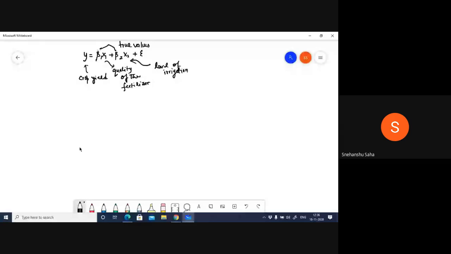So what we do is record some values of y corresponding to some values of x1 and x2, figure out the relationship, and from that relationship estimate the values of beta 1 and beta 2, by regressing in the backward direction. This approach is what is known as regression analysis.